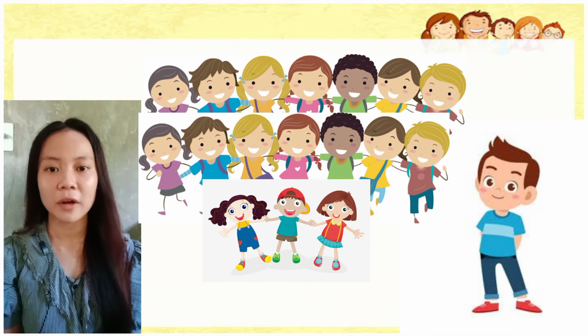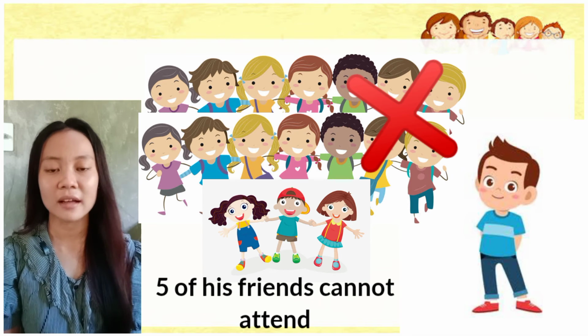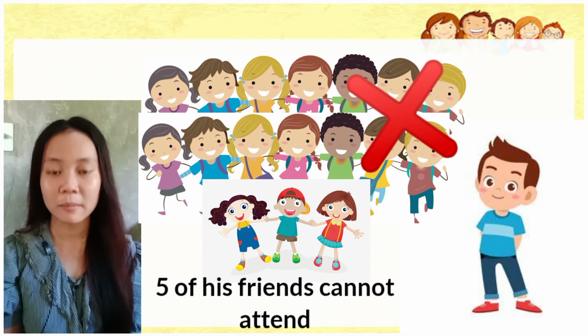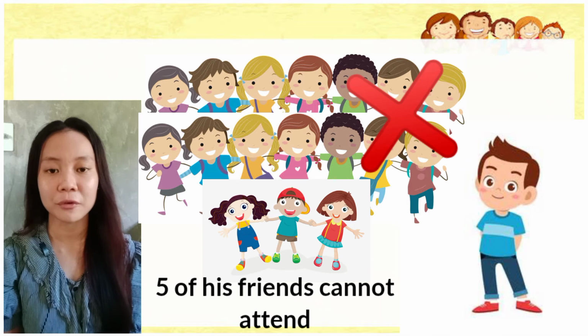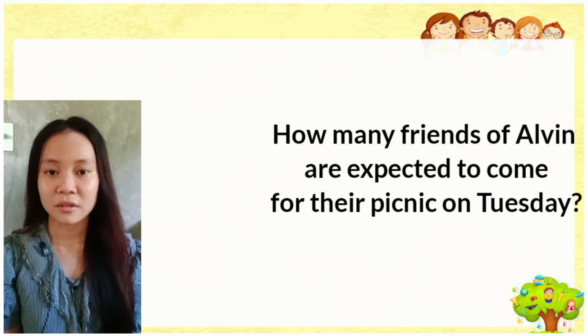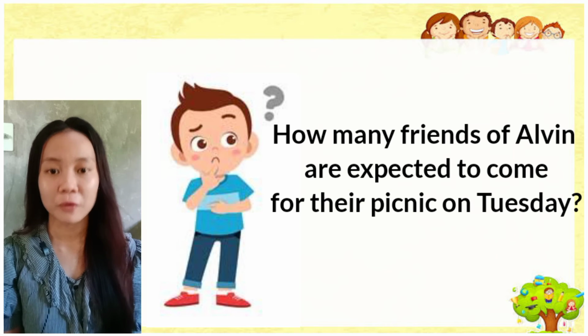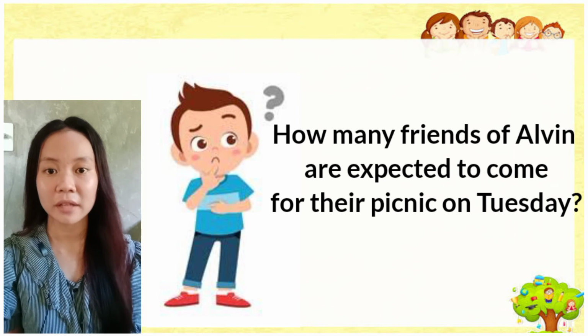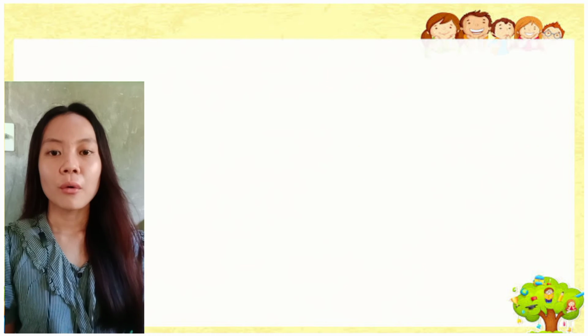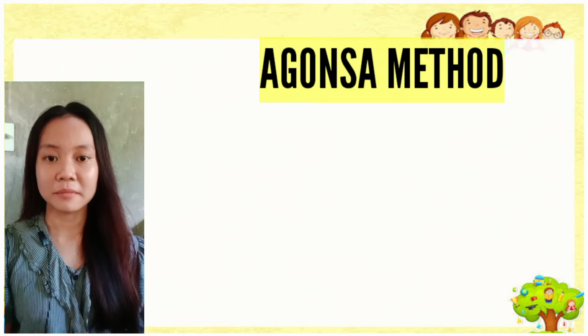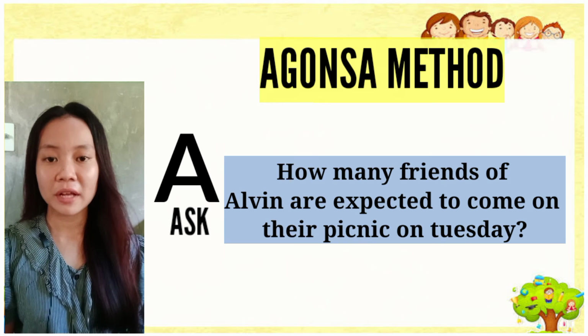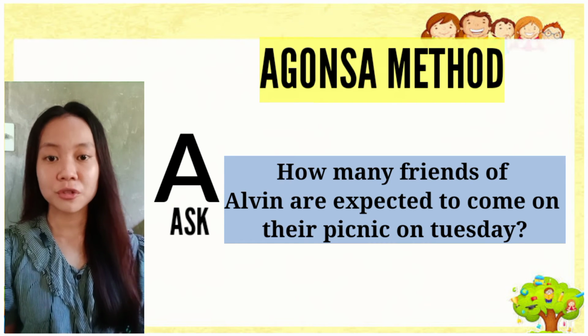But suddenly 5 of his friends said that they cannot attend on Tuesday for their picnic because some of them are busy with their work. So, how many friends of Alvin are expected to come for their picnic on Tuesday? What is asked in that problem is how many friends of Alvin are expected to come on their picnic on Tuesday.